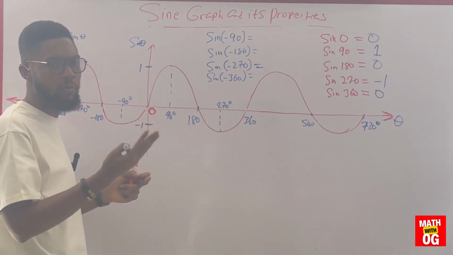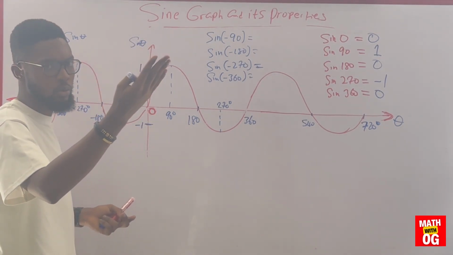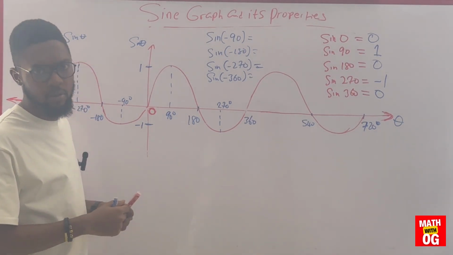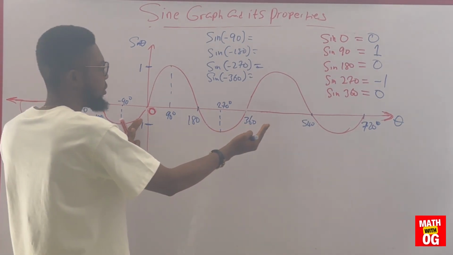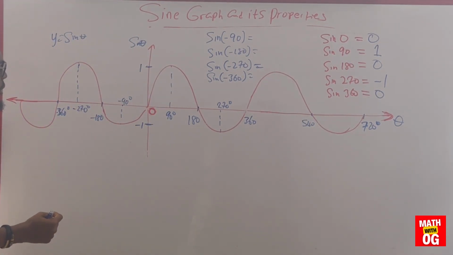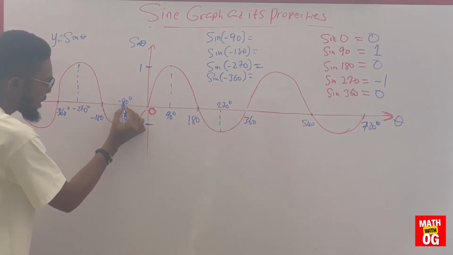0 to 360 is equivalent to 360 to 720, equivalent to 720 to whatever 720 plus 360 is. I think that's 1080 degrees. So that's that for this. Now let's go to the negative side of our sine theta. If here is 90 degrees, here has to be what?